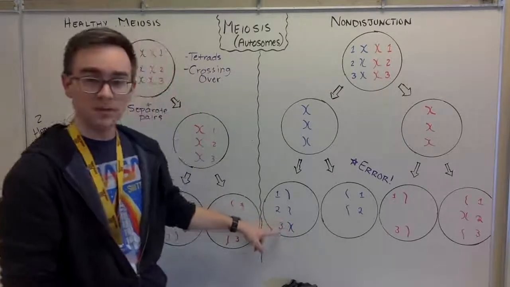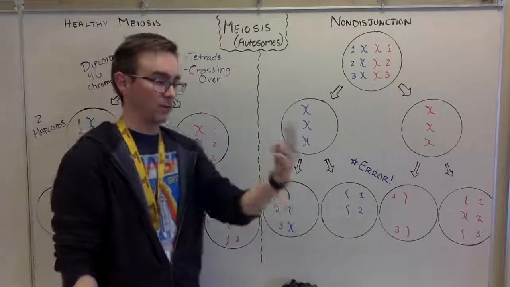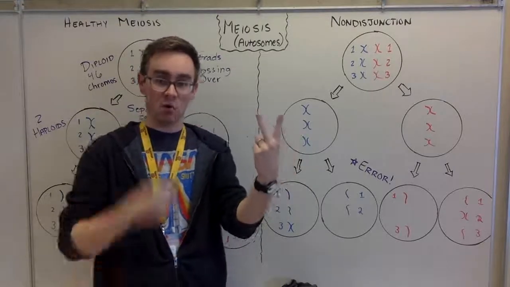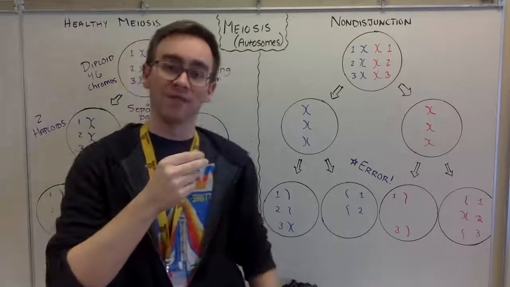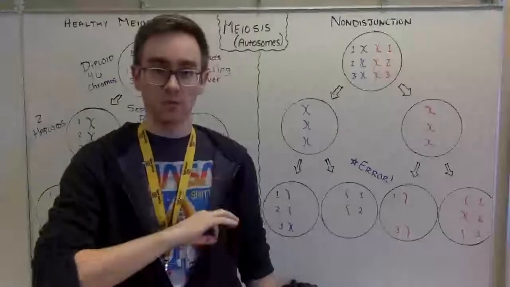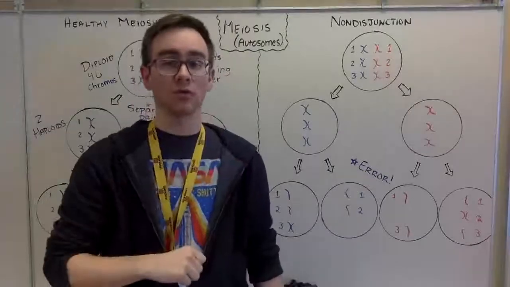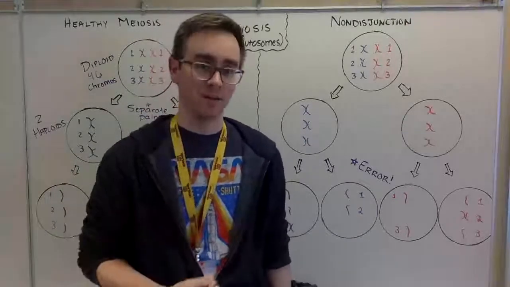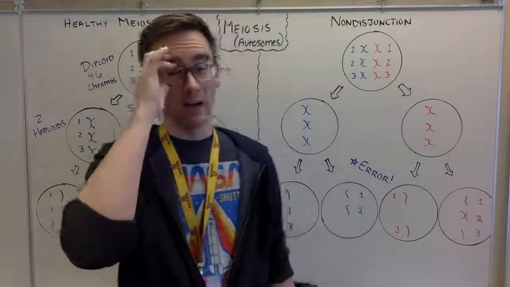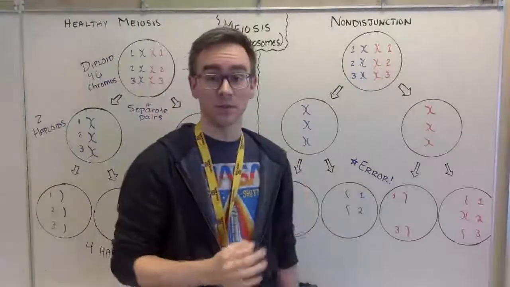Which means if this is a sperm cell, I get 2 number 3s from dad, and I would get 1 number 3 from mom. That's 3 chromosomes. I'm supposed to have 2 for each one, not 3, which means that would total up not to 46 chromosomes, but to 47.